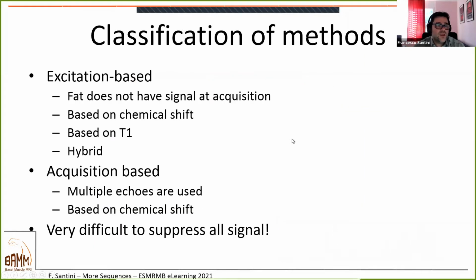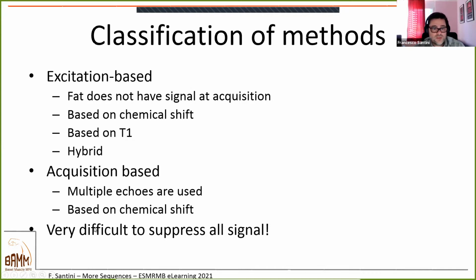So this means that we have a bunch of methods that can be classified into methods that rely on excitation, which aim to not have signal from fat at all and only acquire the signal from the water. And then you have methods that acquire both water and fat, but in a way that you can separate them afterwards.